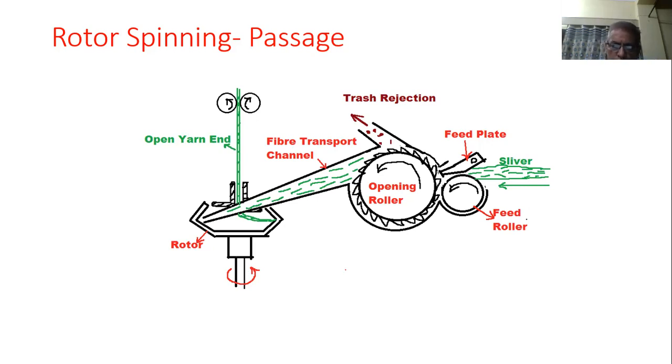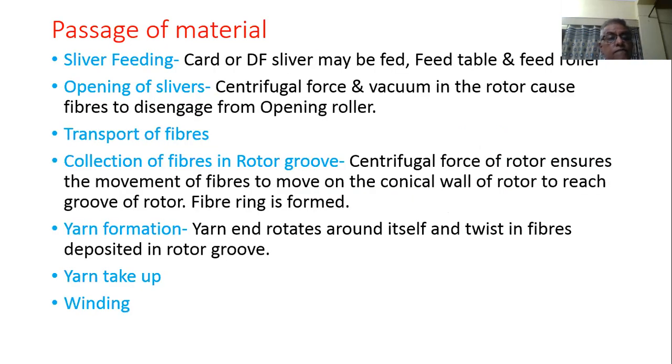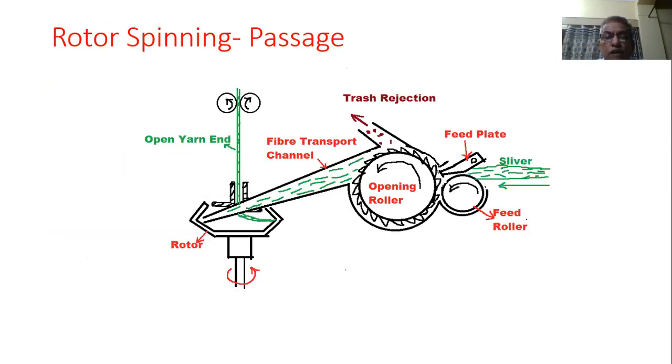Then the opened fibers are going in the fiber transport channel. Here also the centrifugal force of the rotor and the vacuum in the rotor cause the fibers to disengage from the opening roller.